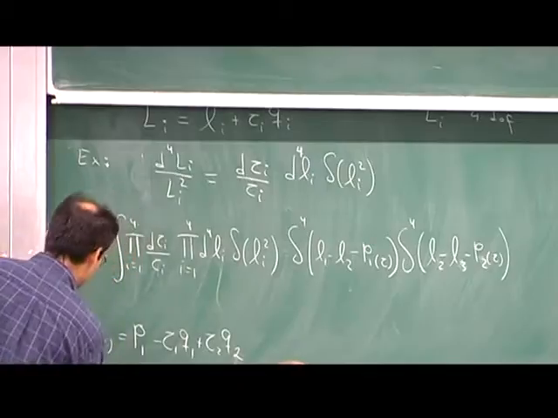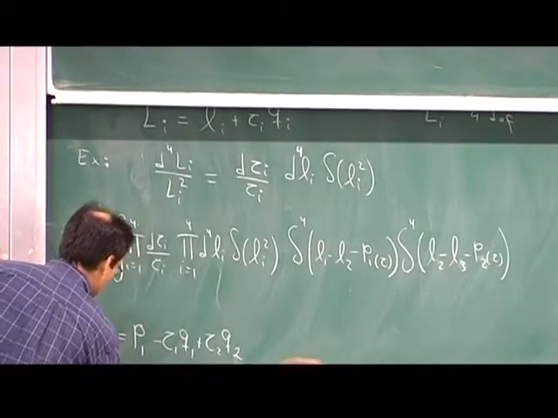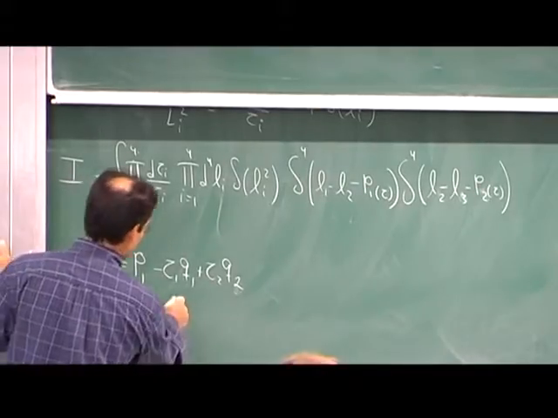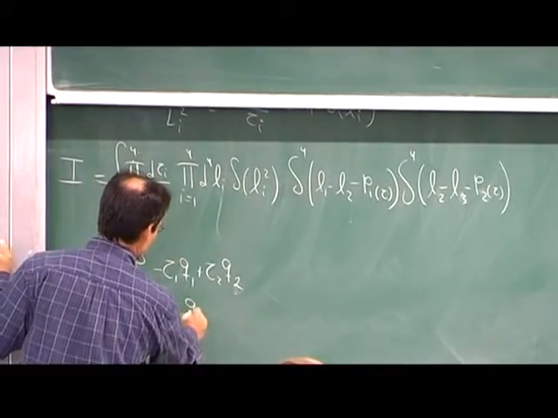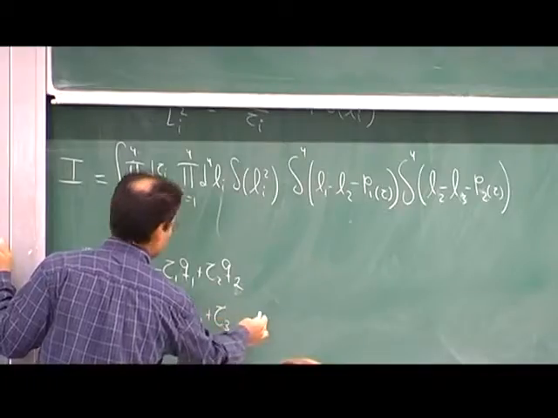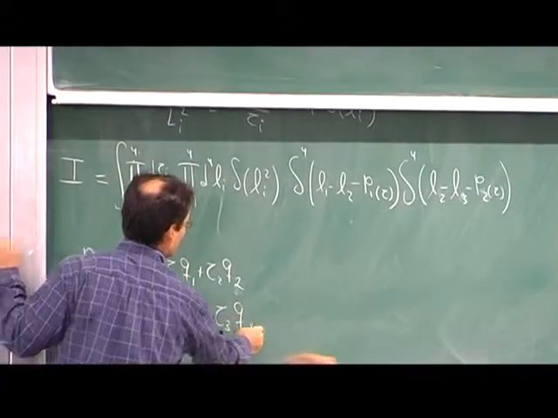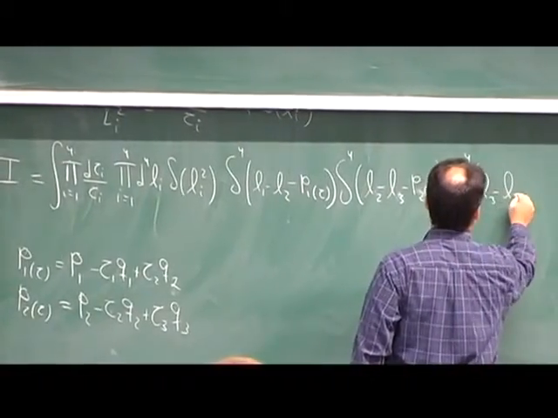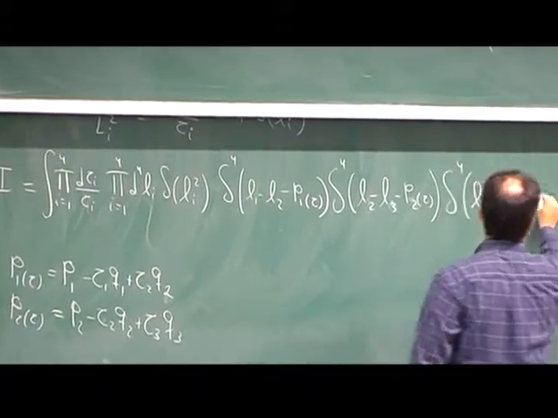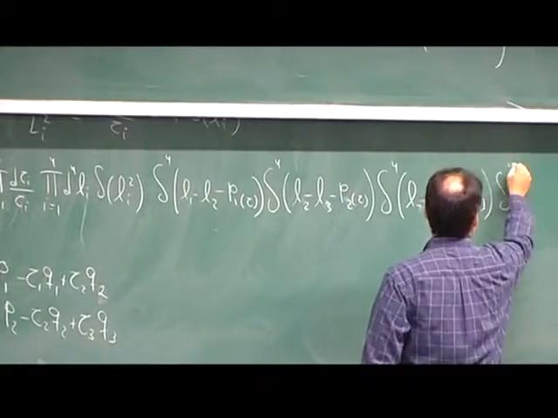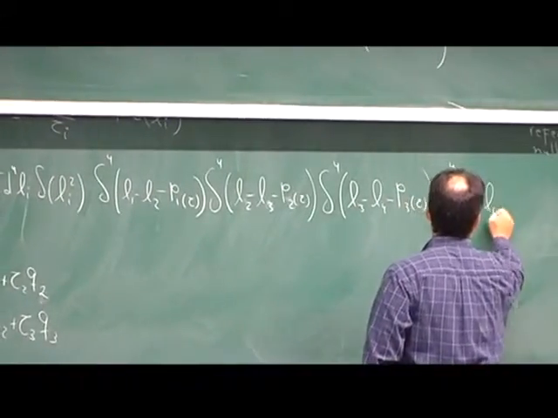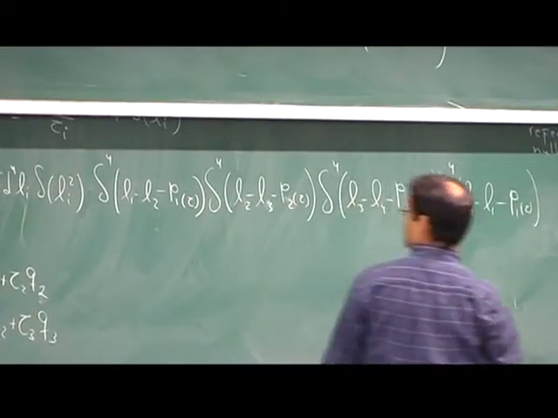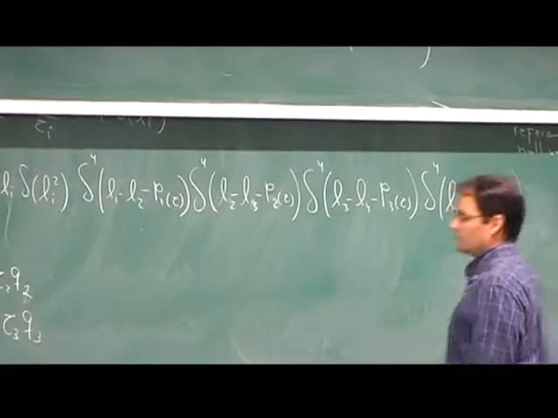Where now P2 of tau is equal to P2 minus tau 2 Q2 plus tau 3 Q3, delta 4 L3 minus L4 minus P3 of tau and delta 4 L4 minus L1 minus P4 of tau.